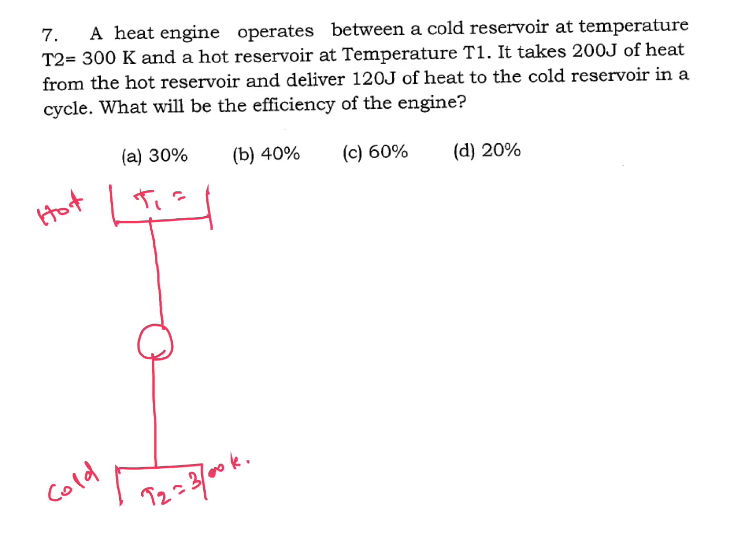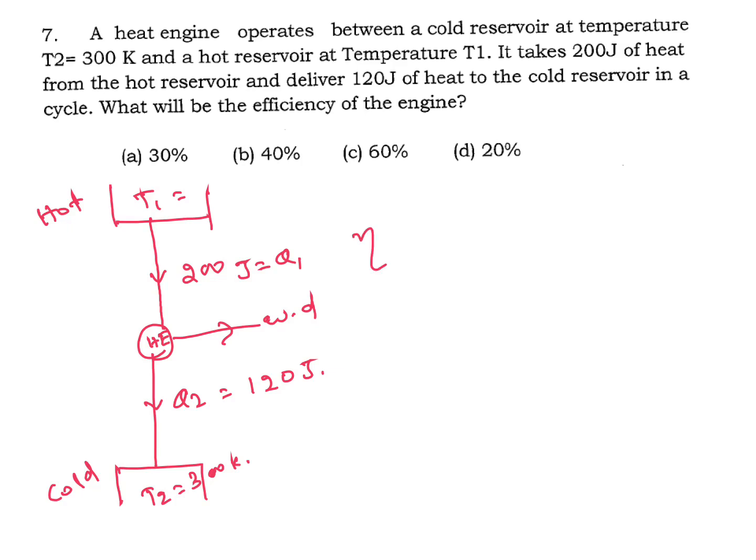T1 is not given. It takes 200 joule of heat from the hot reservoir, so it's Q1, and Q2 is delivered, 120 joule of heat to the cold reservoir. This is work done. Heat engine. We have to calculate the efficiency of the engine.